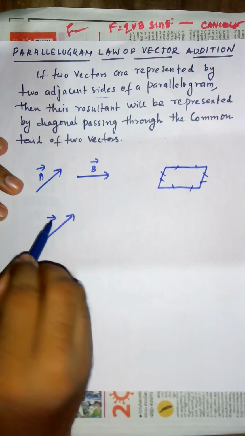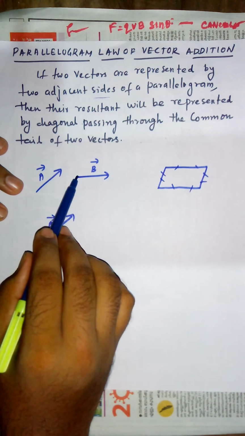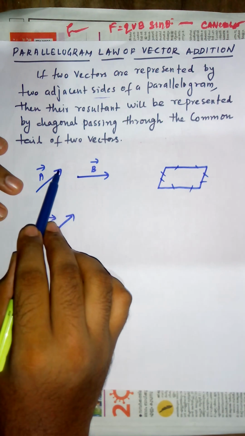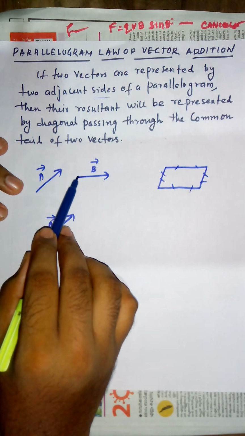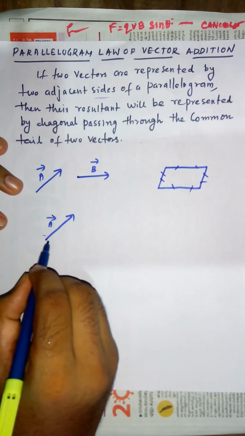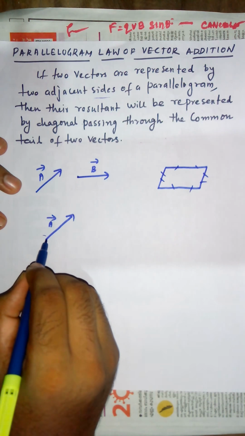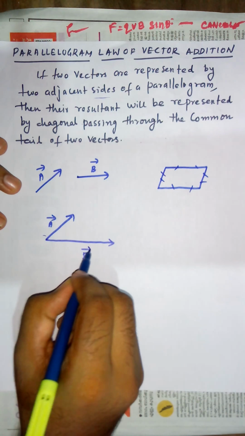In the case of the triangle law of vector addition, we place the tail of vector b on the head of vector a, but here things are opposite. The tail of vector b will be placed on the tail of vector a. Okay, so I can represent vector b like this.